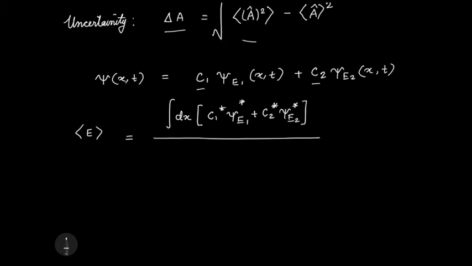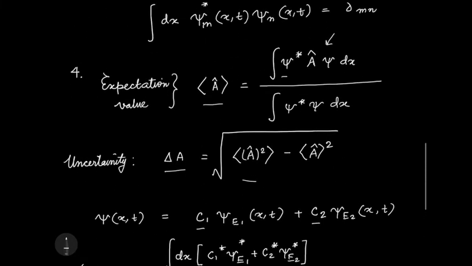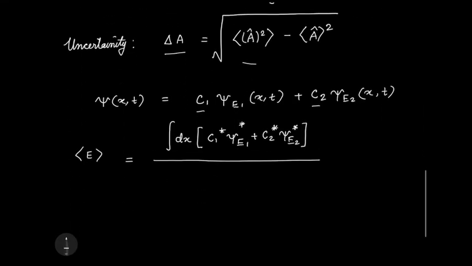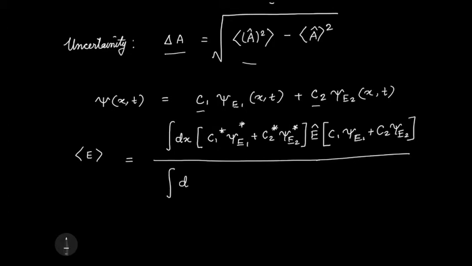That is just the psi star part. Then I have A cap, which for energy is E cap. Let's write just E cap. And then psi again, which is C1 psi E1 plus C2 psi E2. In the denominator, I have almost the same thing without the energy operator.